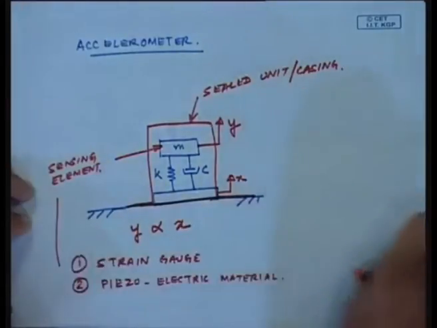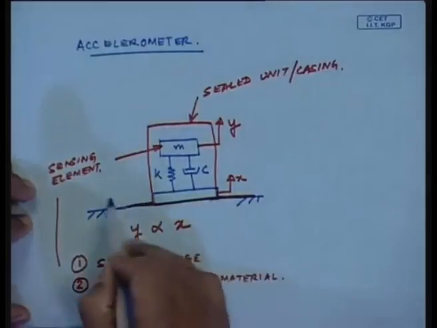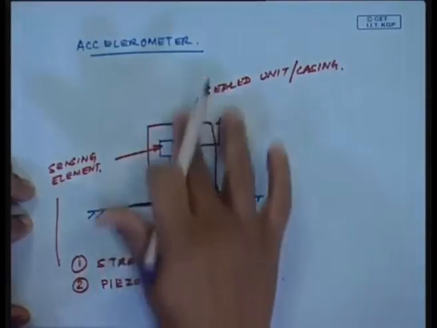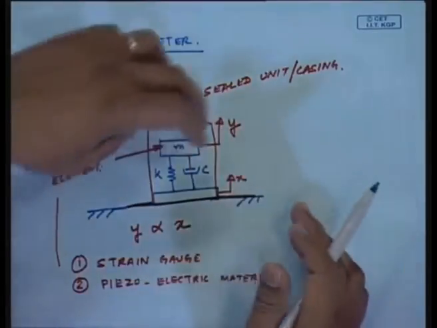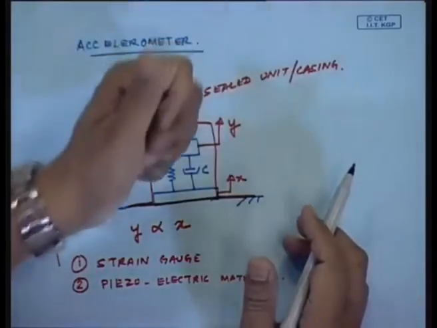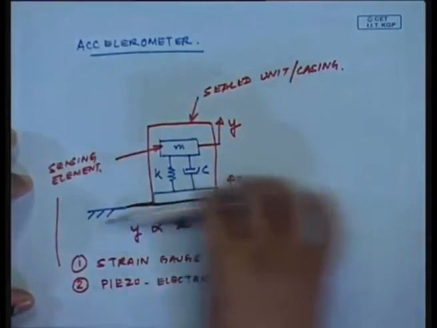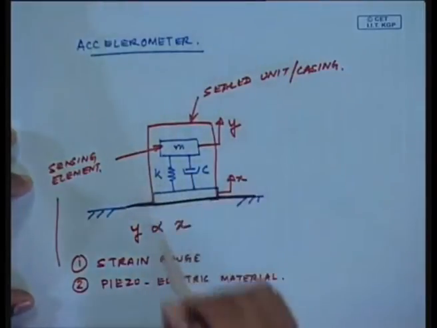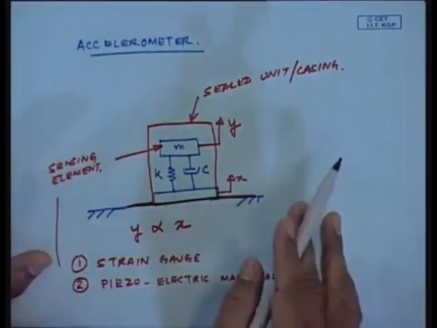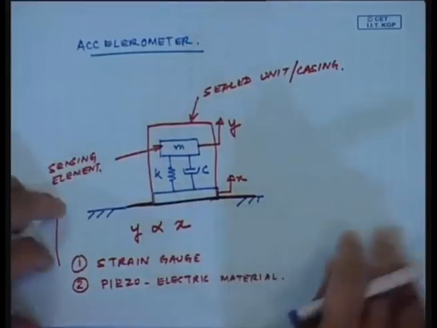Because of the feature of the piezoelectric crystal, if there is a motion in the horizontal direction, it is not going to sense it. This unit, if I put on a structure, it may so happen that I am only measuring in the x direction, but what if there is a strong motion in the y direction, in the z direction? Is my piezoelectric crystal going to sense it? No, and that is the advantage of piezoelectric crystal. It is very directional.